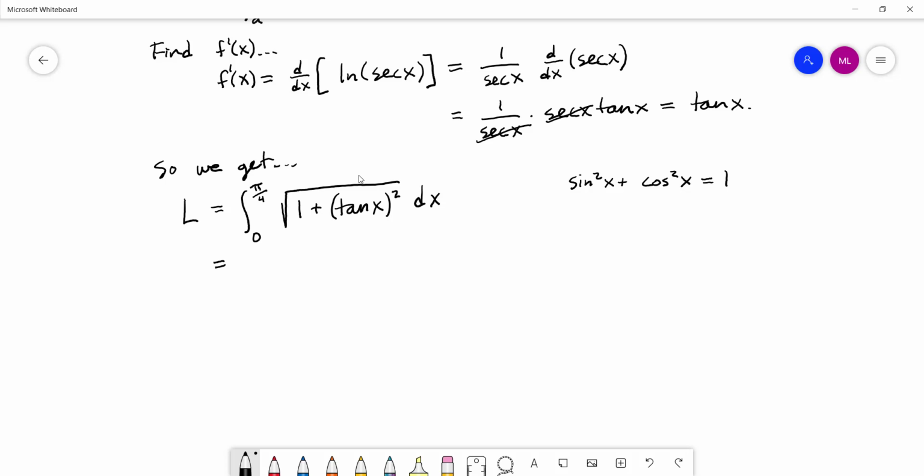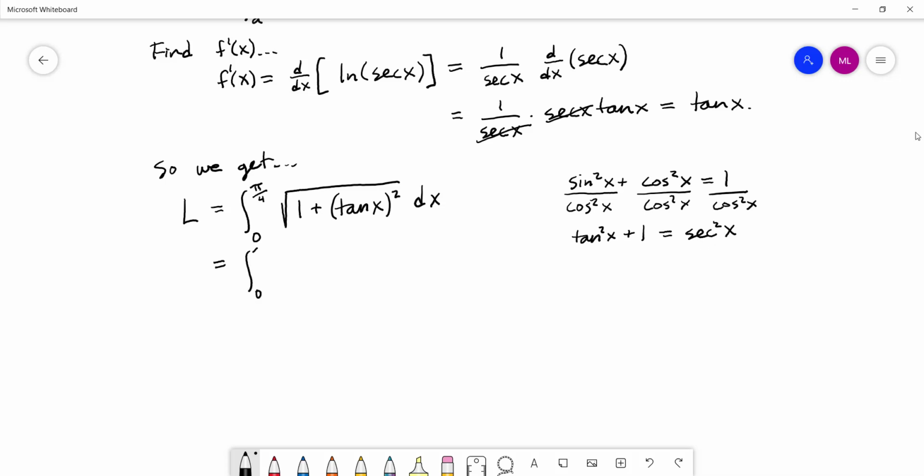If I divide them all by cosine squared of x, this first term is just going to be tangent squared of x, right? Sine over cosine is tangent. This second term, cosine squared over itself, is 1, and this last term is secant squared of x. So this is all I'm using. I'm replacing this 1 plus tangent squared with secant squared. So that's how I'm going to rewrite this.